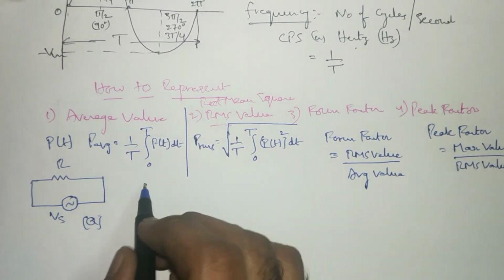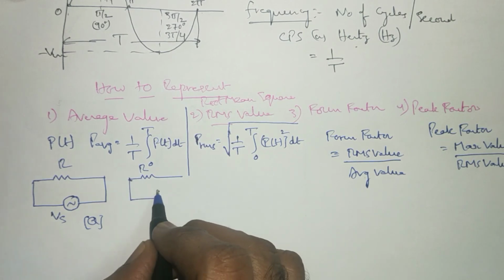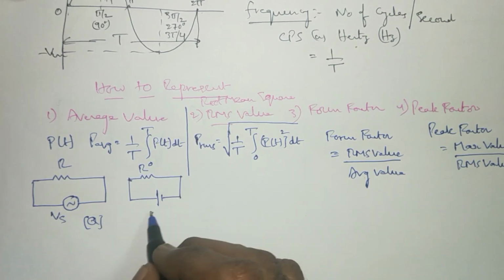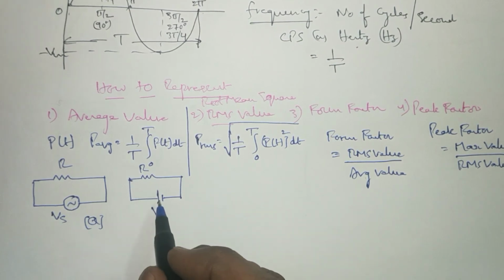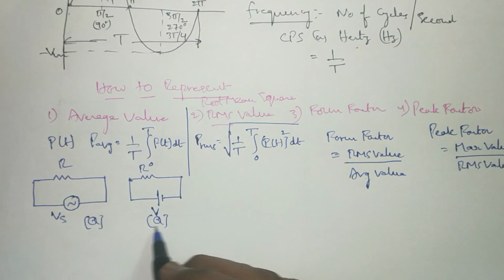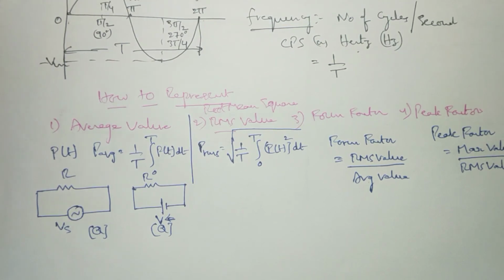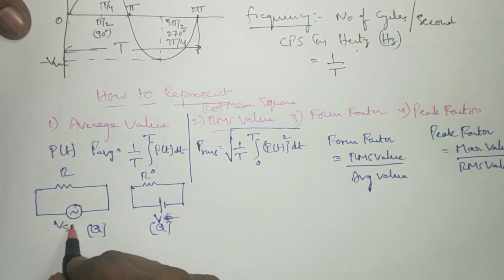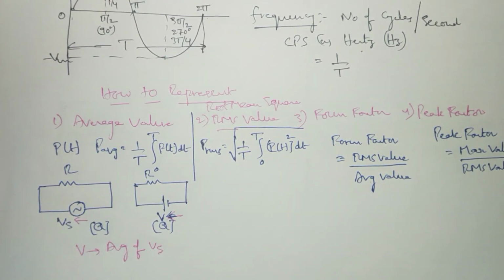Now let us consider the same circuit, but replace it by a steady source or DC source having a voltage of V, and consider for the same time if this circuit also transfers the same charge Q over the same period of time, then we say that this V is the average value of Vs. That is how we define the average value of an alternating quantity.